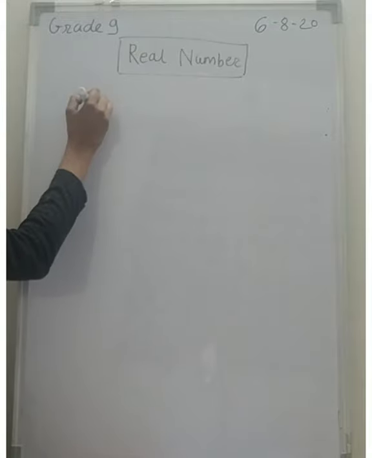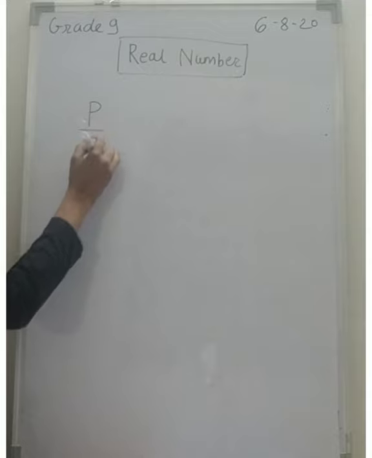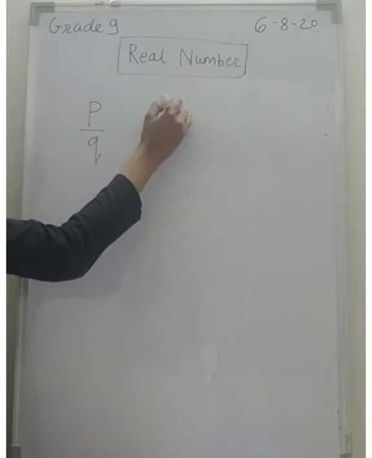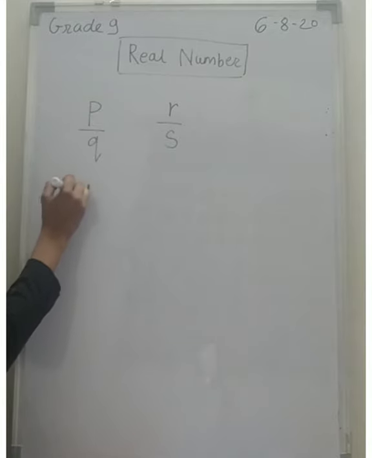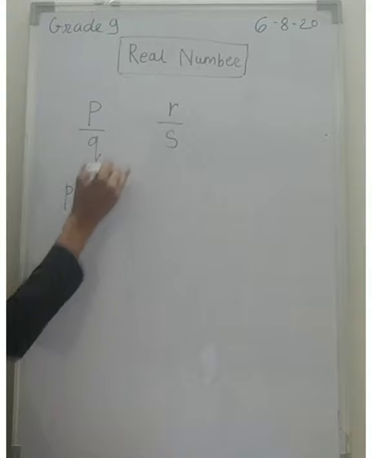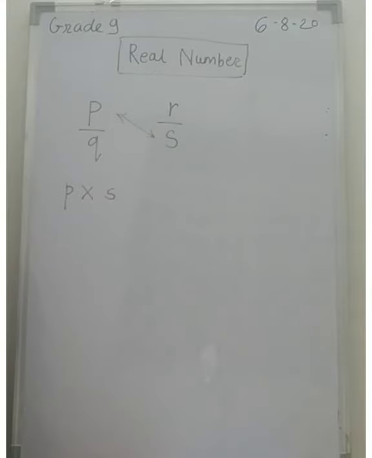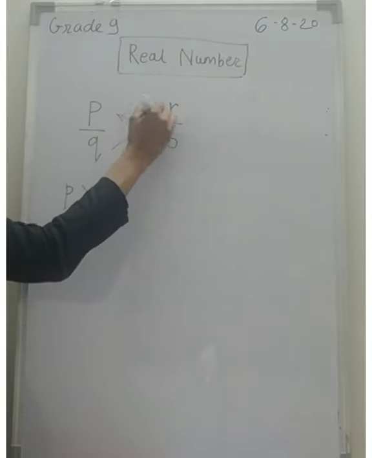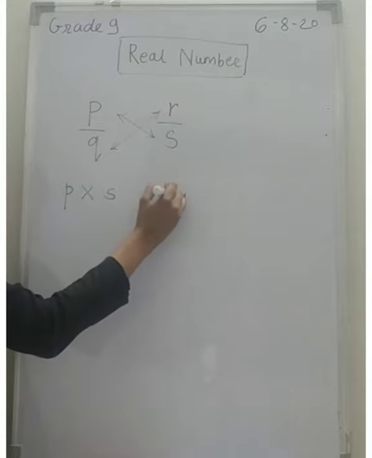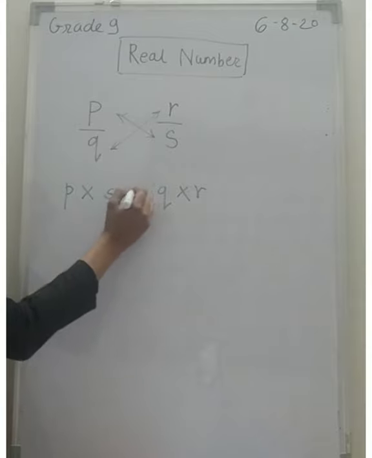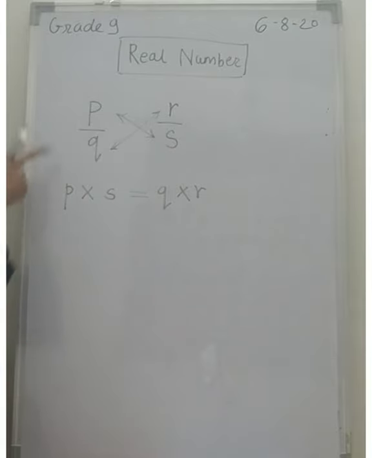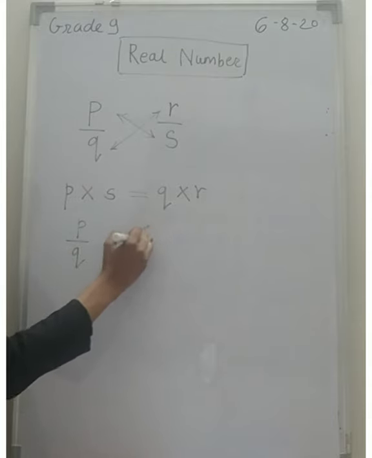So now if there are two numbers, p upon q and r upon s, given to you, I am going to multiply p into s, cross multiplication, and q multiplied by r. Now if these two products are equal, then p upon q is equal to r upon s.